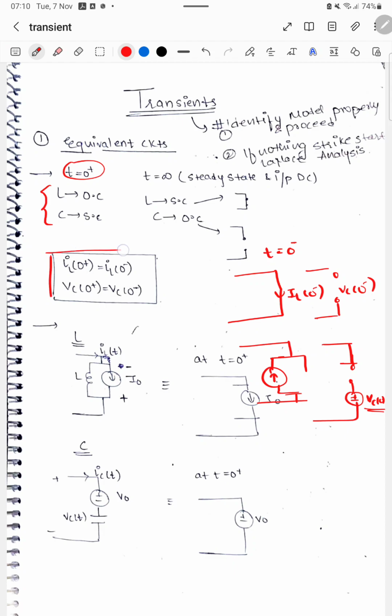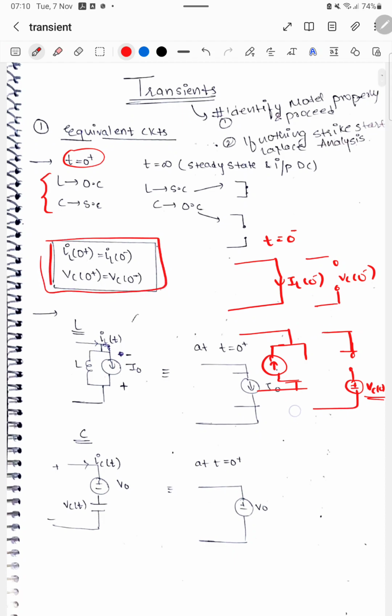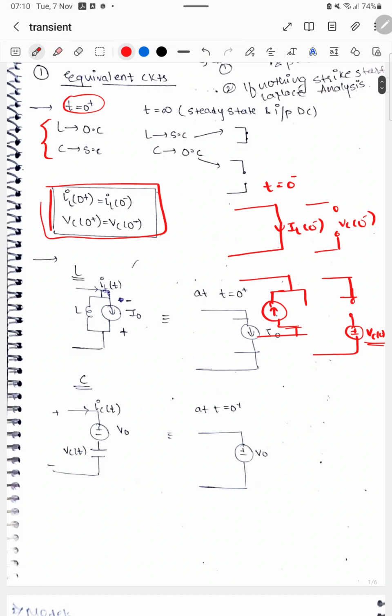Now as I told, inductor and capacitor cannot change their property, so IL(0 plus) will be equal to IL(0 minus), and VC(0 plus) is equal to VC(0 minus). This is at t equals 0 plus, so the capacitor is short, but there is some voltage across it. The inductor is open, but the current which was there at t equals 0 minus still persists.